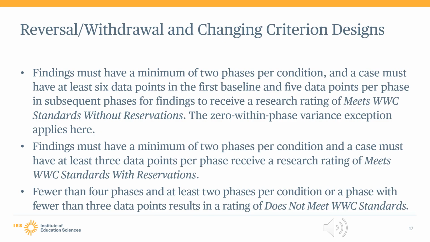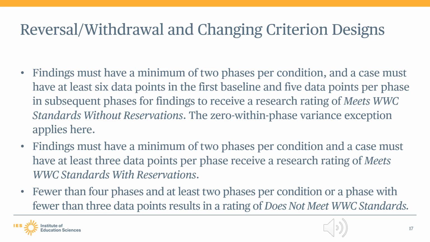First, let us consider the requirements for treatment reversal withdrawal designs. For a finding from a reversal withdrawal or a changing criterion design to be eligible to receive a research rating of meets WWC standards without reservations, the design must have a minimum of 2 phases per condition.